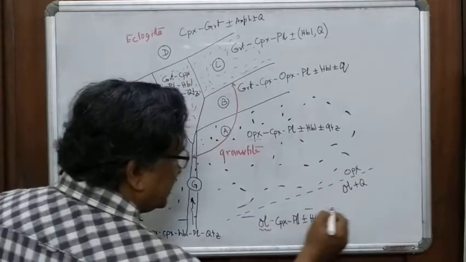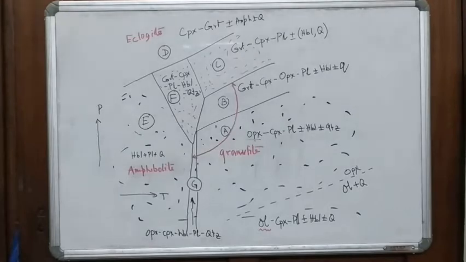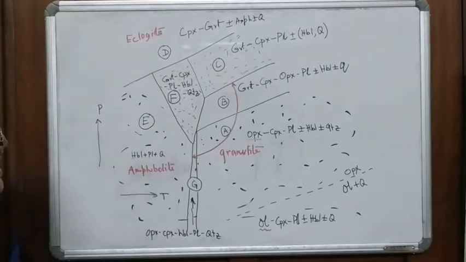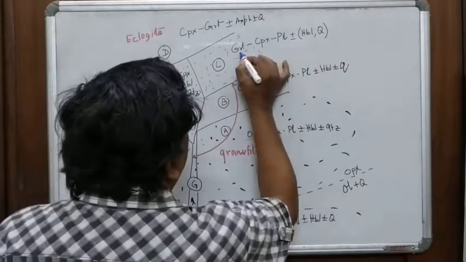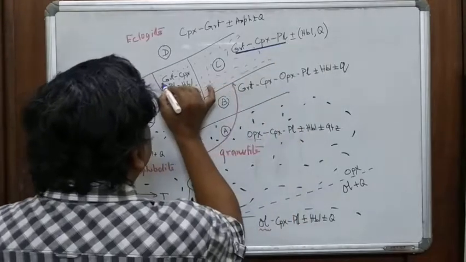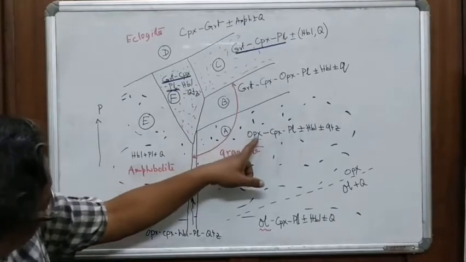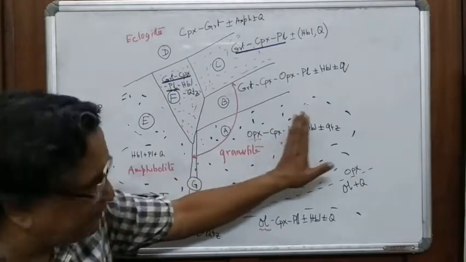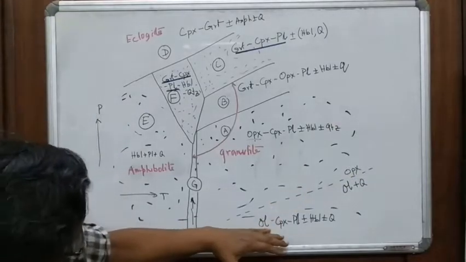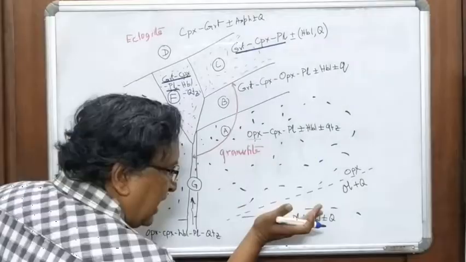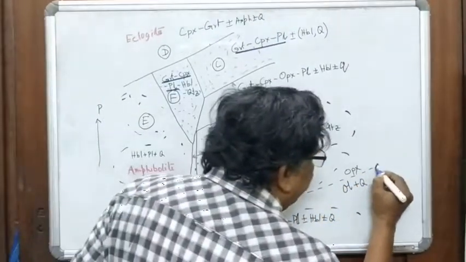This blue stippled area does not contain any garnet. This red stippled area contains this assemblage, garnet, clinopyroxene, plagioclase. This is very crucial. So here you have orthopyroxene, clinopyroxene, plagioclase, plus minus, you forget about it. Here you have olivine, clinopyroxene, plagioclase. So if you move up pressure here, this is olivine out.